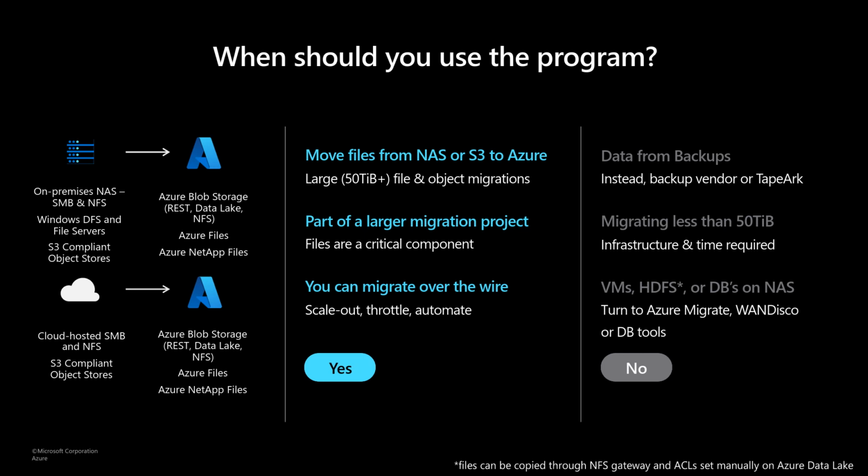But really the way to think of this is, if you have large amounts of data, 50 terabytes or more, on an enterprise NAS platform or on an S3 compliant object platform, and that can be NAS or S3 in a cloud or on premises, you can use this tool to move the data to Azure non-disruptively and in the background.